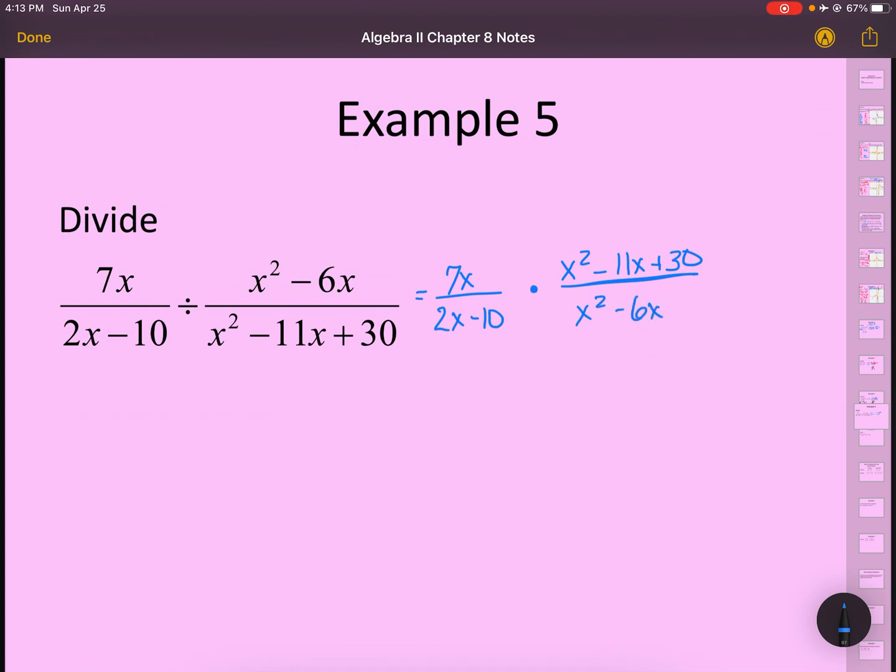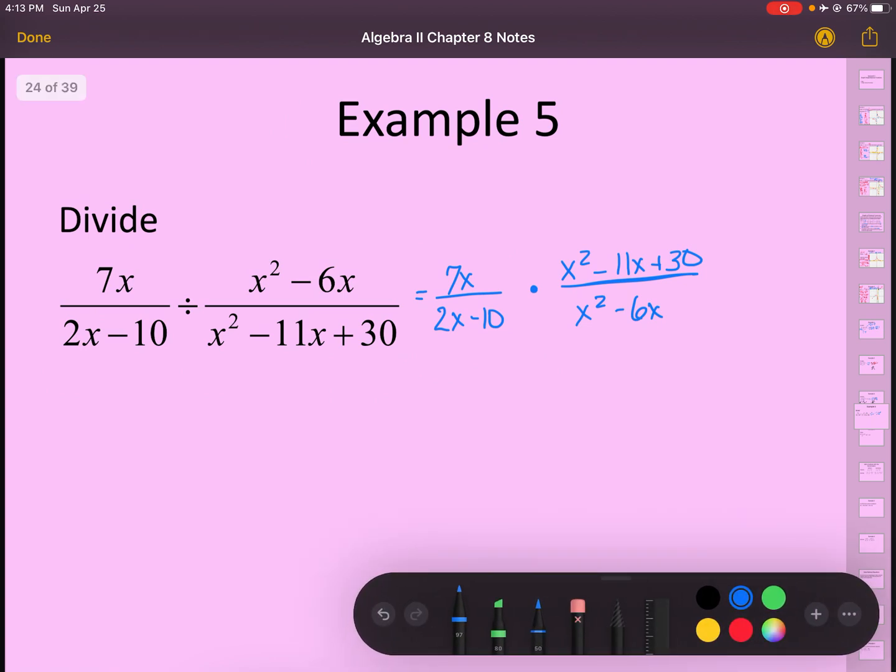And I know in that second one, I can pull out and make factors. I can also pull out some stuff in x squared minus 6x. And also in the first rational expression, its denominator 2x minus 10, I could factor out a 2 out of both of those. So let's go ahead and do that.